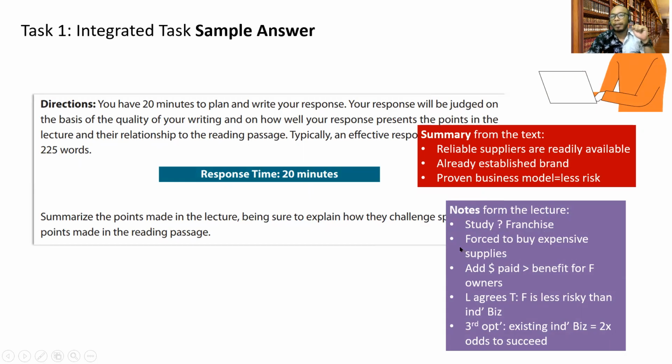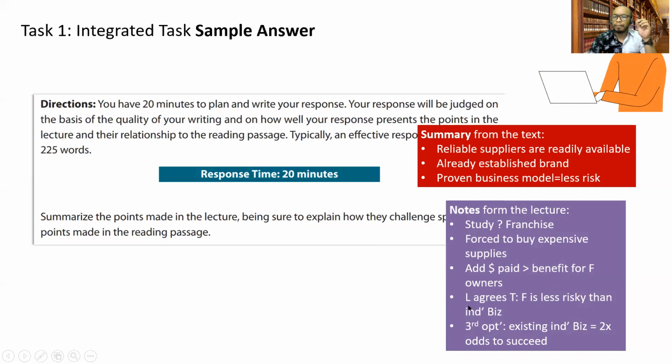And there's the second point that talks about how the business owners or the franchisees are forced to buy expensive supplies regardless of the availability of the suppliers. And the advertisement money that they have to pay gives them less benefit.